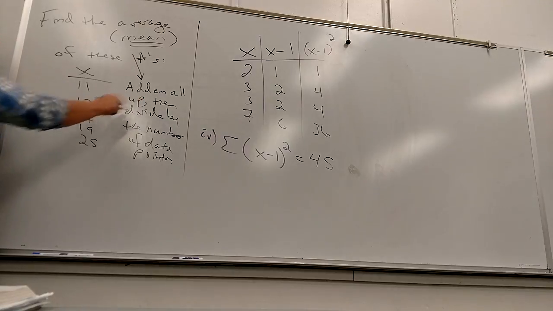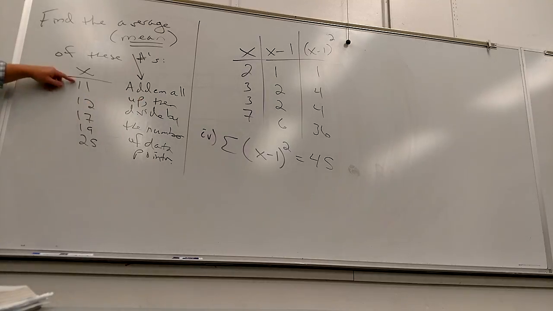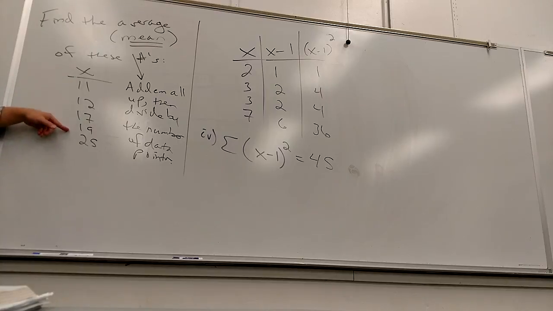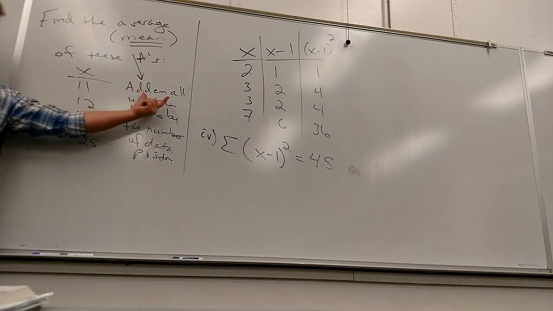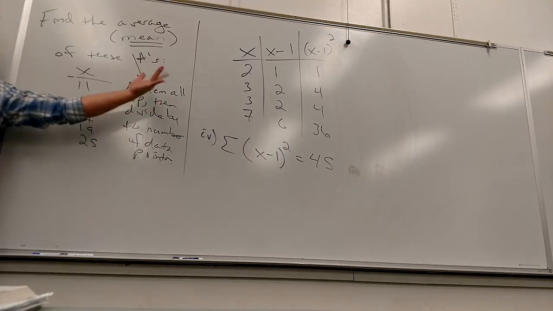So again, this could be answers to my question about how old are some people at a bus stop or something. Right? So these are data points. These are numbers, but they're data points. They're answers to some question. Right? And this is what you all would agree. Some version of this is how you find the average. But now we have a symbol for add all of these things up.